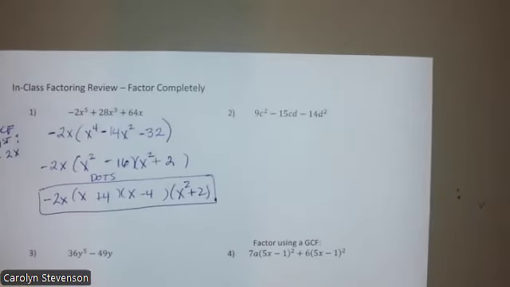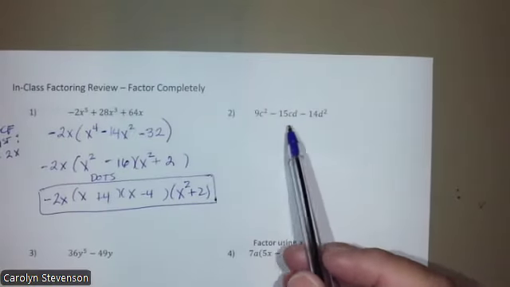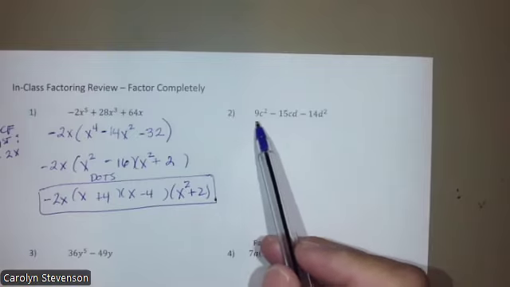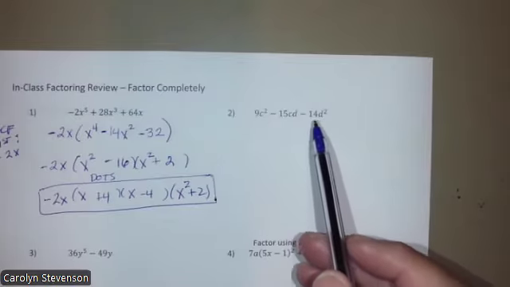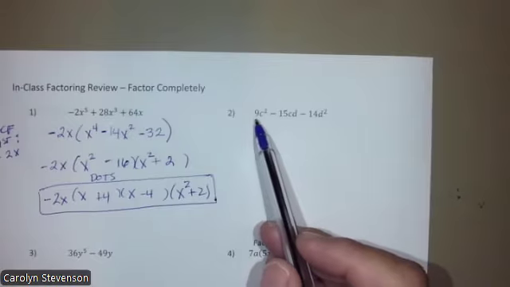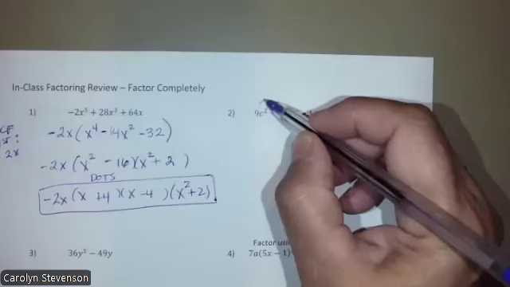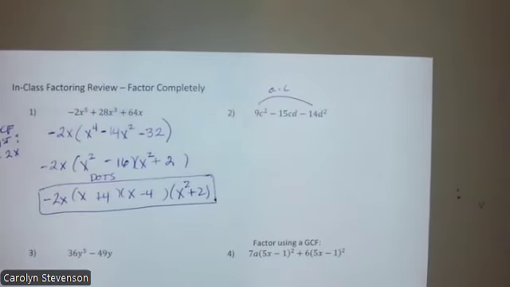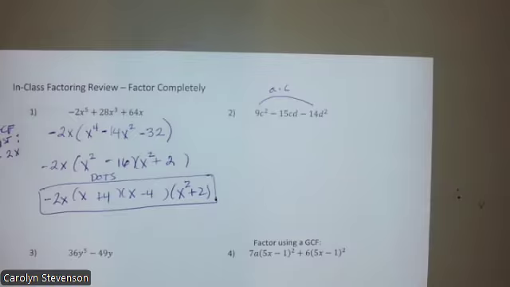So number 2, another trinomial. Look to see if there's anything common. Can't divide any number. C is not in everything. D is not in everything. So this is one of the harder trinomials because we have a number at the beginning. But the method I taught you is called the AC method, where you multiply the first coefficient times the last one.